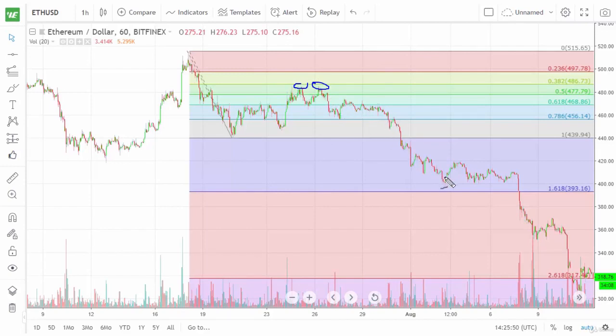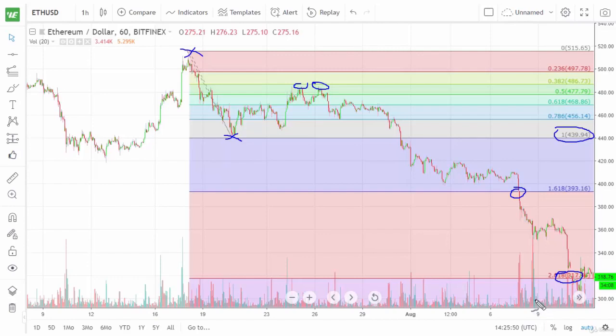As we fall, then you start to think, okay, this is the entire impulsive move, 100% of the impulsive move. Use the same mathematical equations. The next extension level is down here, which we did hit, and then the one after that is down here. So this is a way to project where you may go into the future.